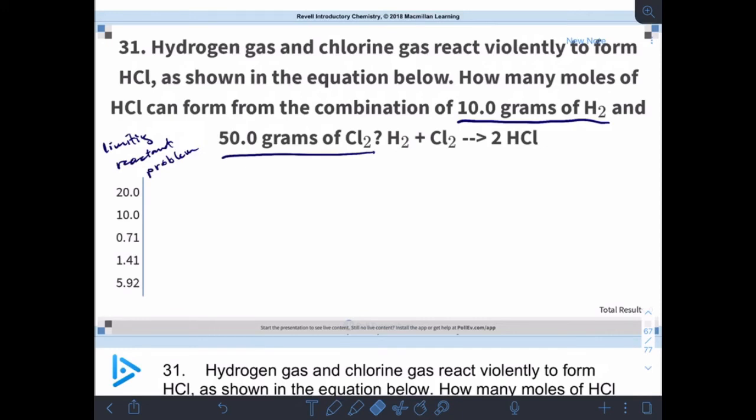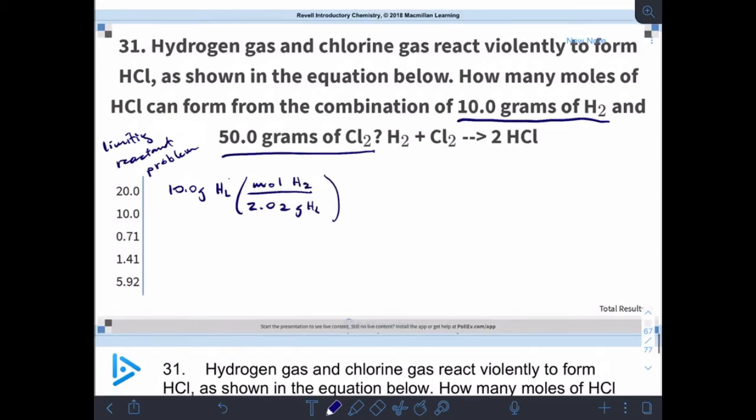Right, so I'm going to start with each of my reactants in turn and figure out which one gives me less product. So 10 grams of hydrogen, and I need to convert it to moles. So our molar mass of H2 is 2.02 grams per mole.